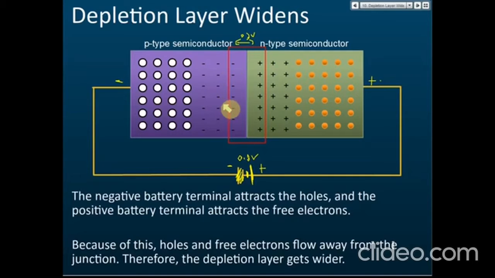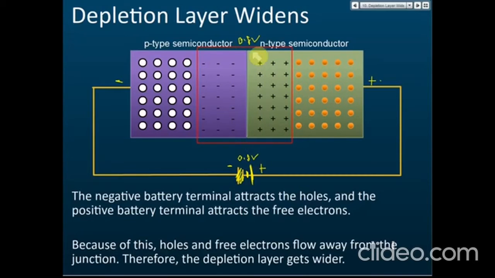From here you can see that this makes the depletion layer become wider, and at the same time it increases the barrier voltage from 0.3 to 0.8.